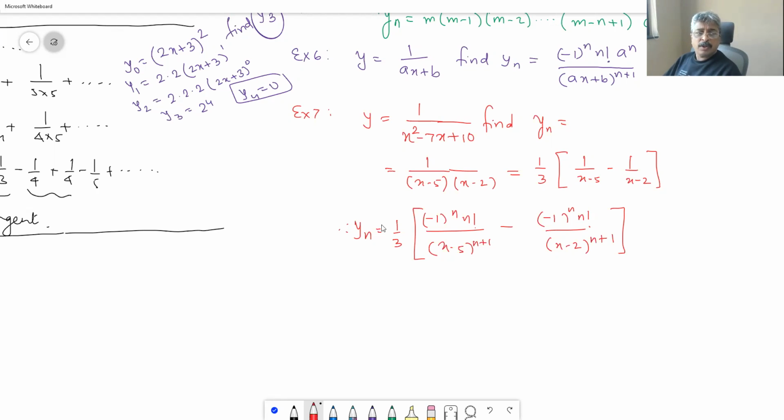Very good. So if you do some initial trigonometric simplification, or initial algebraic simplification, you can use the previous standard nth derivative formulas to find the next.